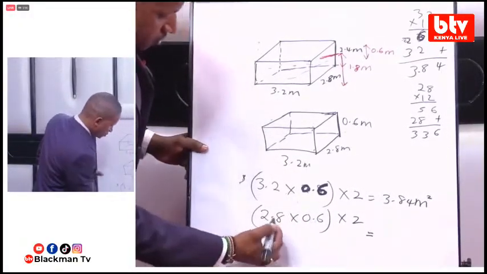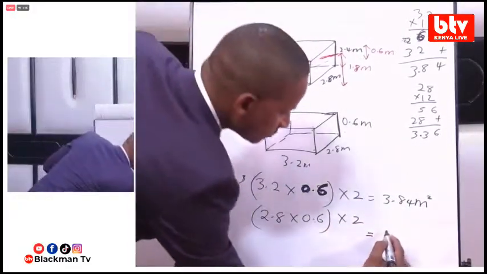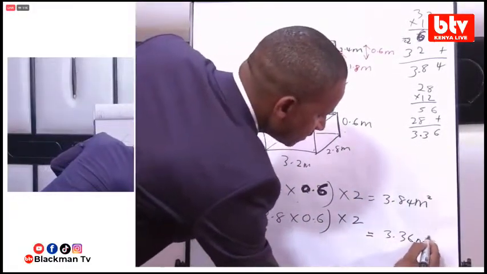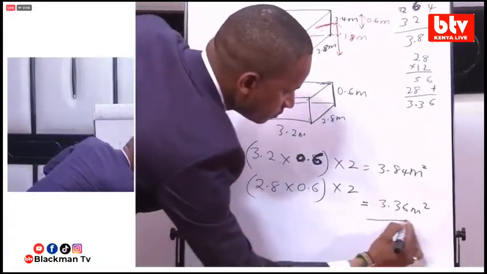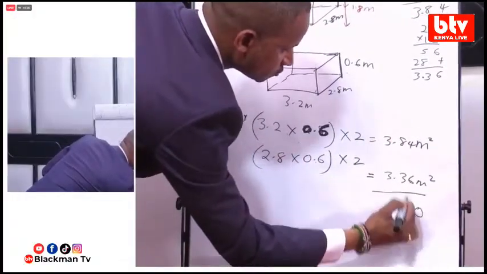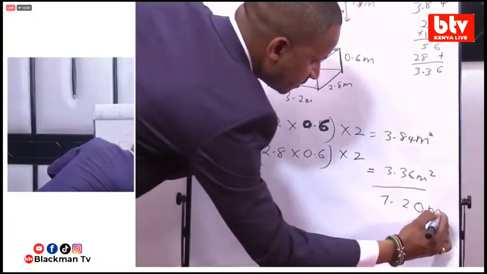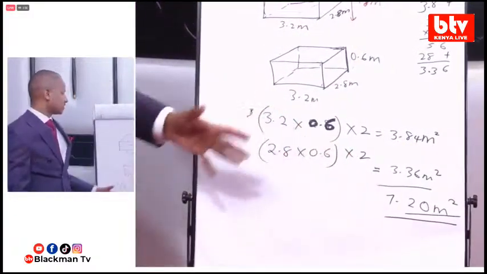To 2 decimal places, that is 3.36 meters squared. Then you add them, and you get 7.2 meters squared. So this is the area that is not in contact with water.